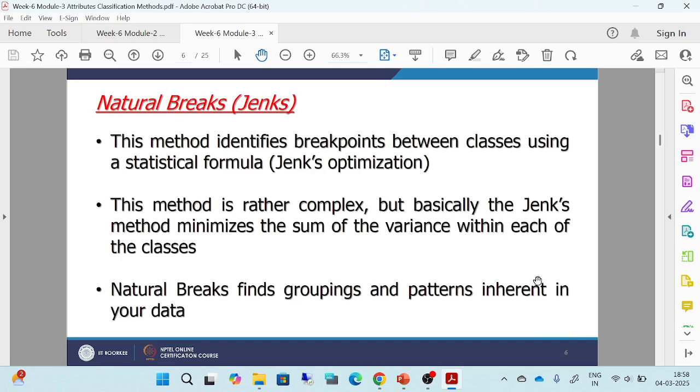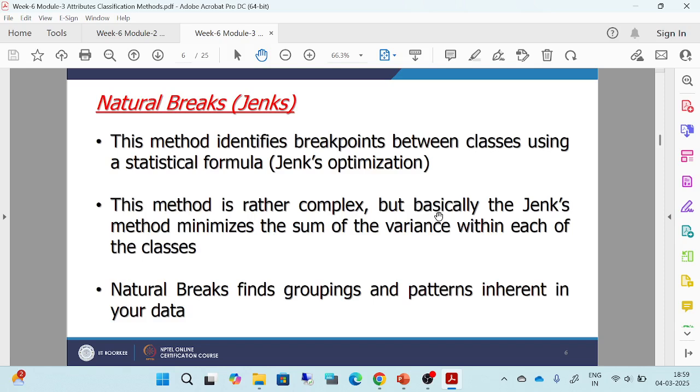Then we have the natural breaks or Jenks. This is based on Jenks optimization or Jenks formula, and basically this method identifies the breakpoints or a sufficiently large gap in the data based on a statistical formula. So instead of you just directly assigning something, in the case of Jenks or natural breaks, some statistical formula is used in order to identify large gaps or breakpoints that are present.